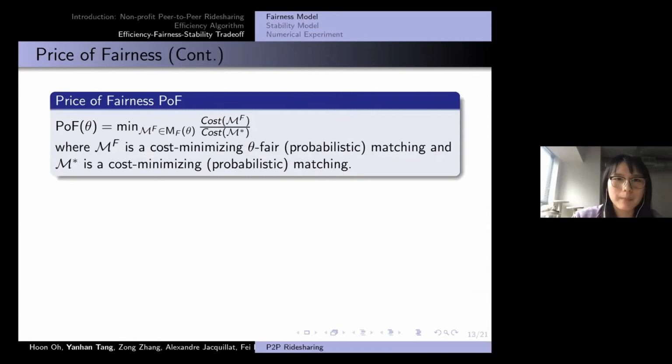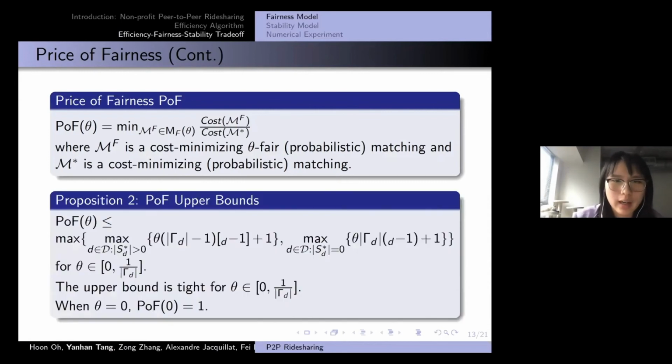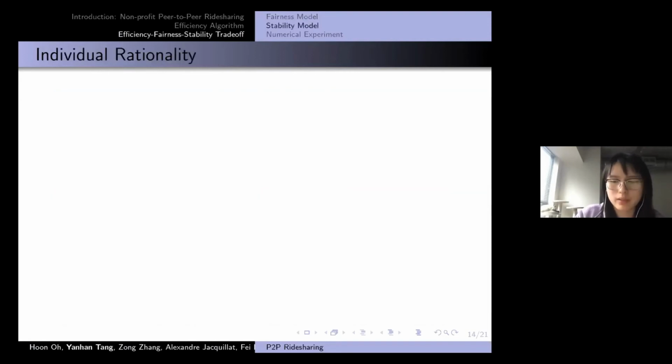We also formally define the price of fairness, which is the cost increase due to adding fairness constraints. And we can prove that the price of fairness has some tight upper bounds in the feasibility region.